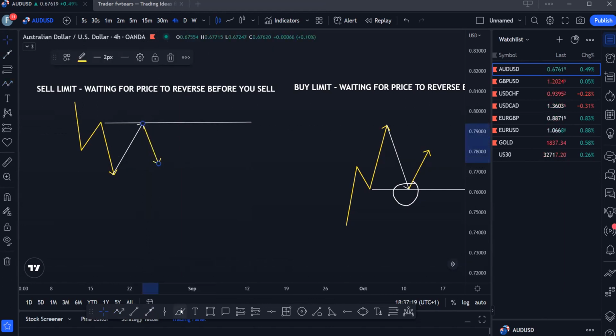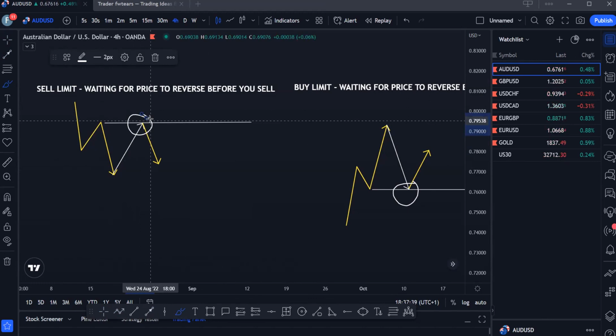You are selling on the reversal. Once price reverses, you are selling, and that's why we use a sell limit. This is the limit for that reversal, which is why we call it a limit order. Limit orders are reversal orders.